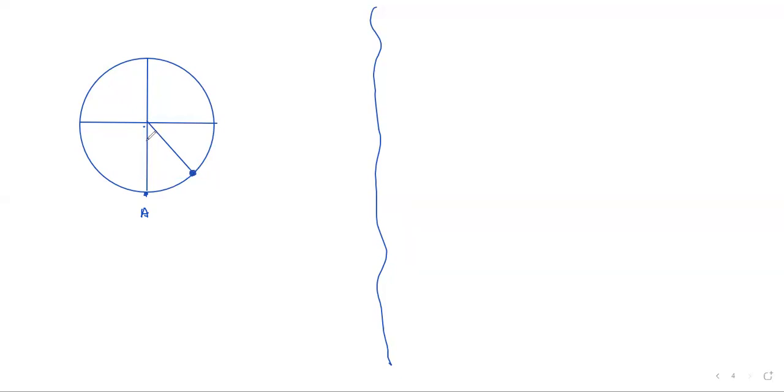So the angle described here is theta. This is the length. O is the center. L is the length of the string. So is this length too.